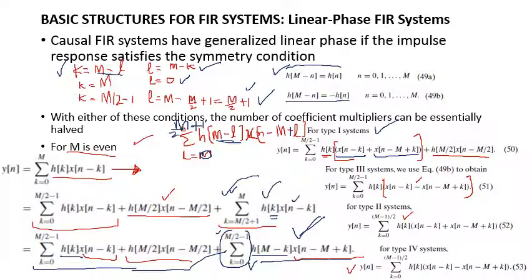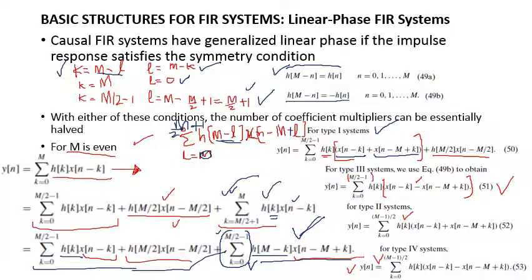In that case we have the upper limit equal to m minus 1 over 2, and again we don't have this term. So in case of type 4 we just have the change of limit, because m is not even, so m minus 1 by 2 will be the upper limit.